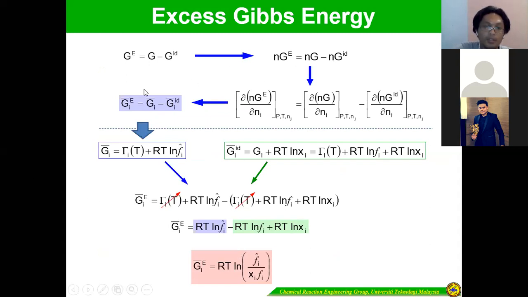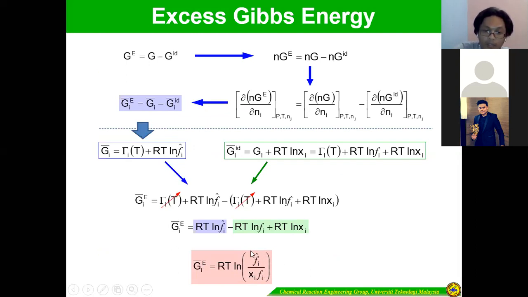This is just the derivation for the excess Gibbs energy. We can see that the partial excess Gibbs energy equals RT ln of f_i divided by f_i; one is for the component species in solution, the other for the pure species, and this one is the fraction in the liquid or solution.